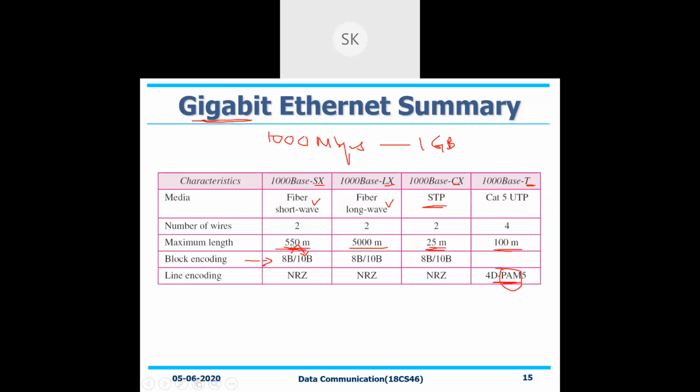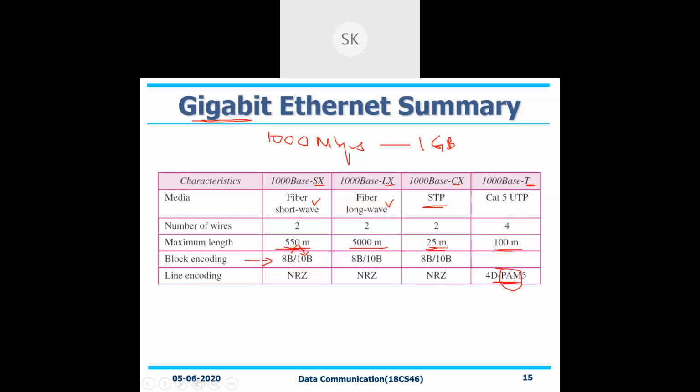So the maximum length that it can travel. See here, with respect to your short wave, the maximum distance is 550 meters. But for your long wave, it is 5000 meters, a much larger distance compared to short wave. With respect to copper, it is a very minimum, that is 25 meters.